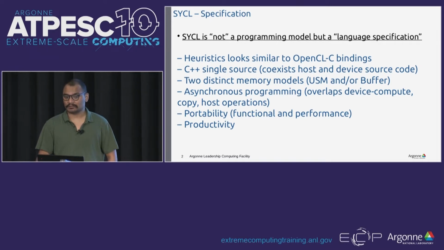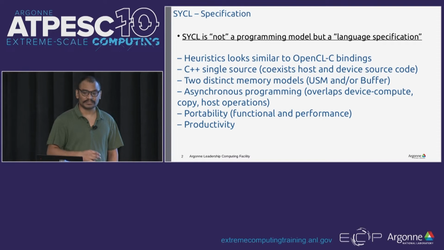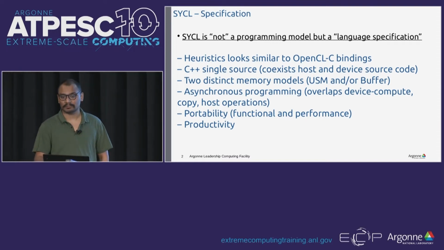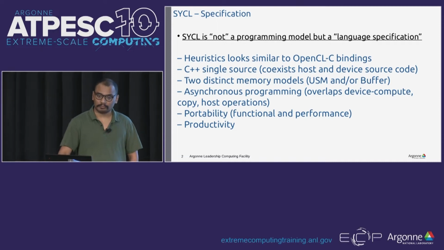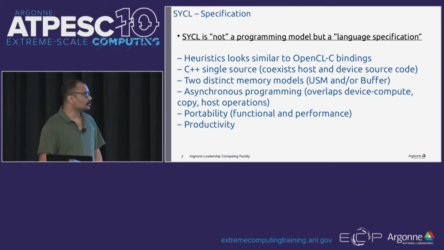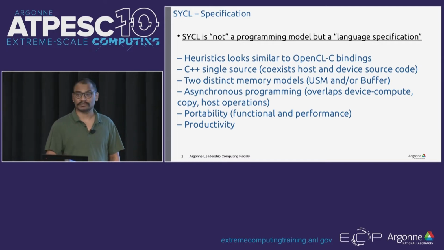Coming back to the memory models, you have two different memory models you could choose from. One is USM, which is called Unified Shared Memory. I'll come into it in more detail later. Each term has a specific meaning. Unified means both host and device can have access or can see the memory.